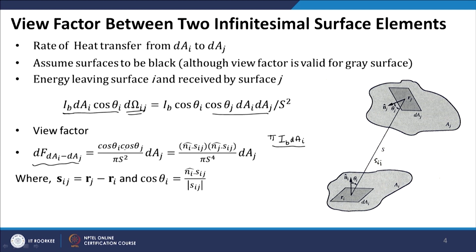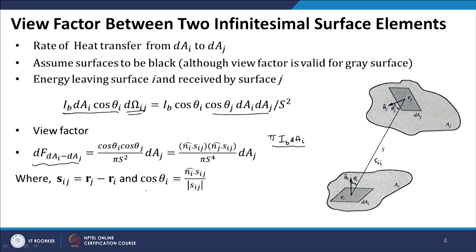We can also write this view factor in terms of vector notation, where we have the angle cos theta I written in terms of the normal vector Ni. Ni is the normal vector at surface AI dotted with the vector joining the two surfaces Sij divided by the magnitude of this vector Sij.